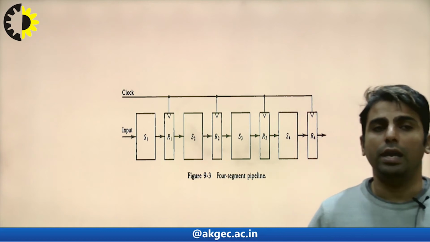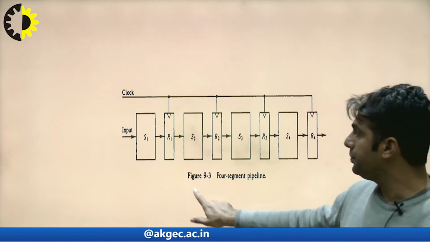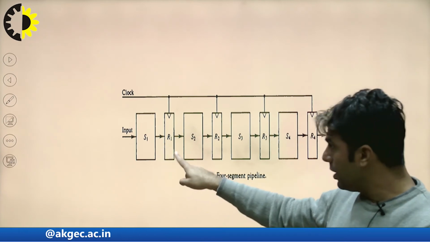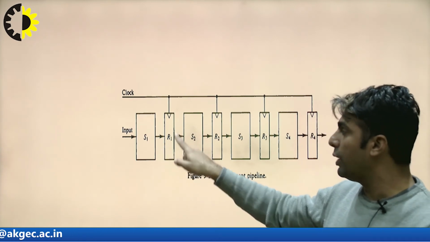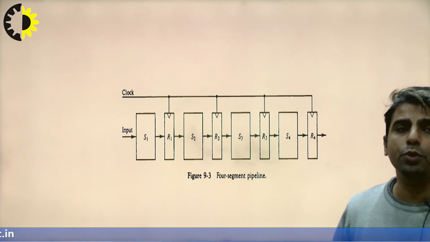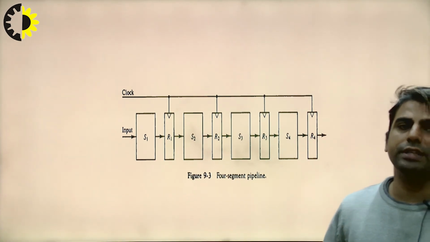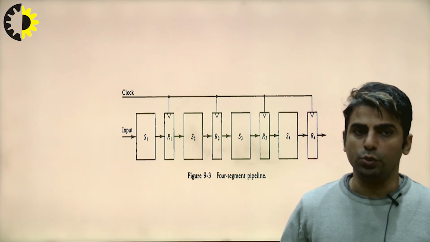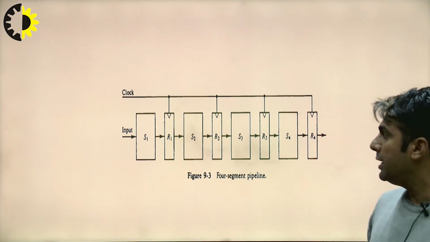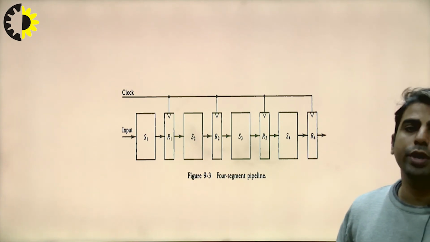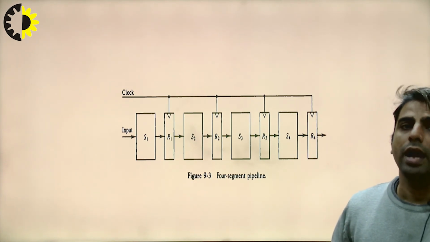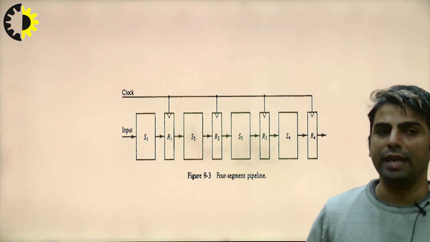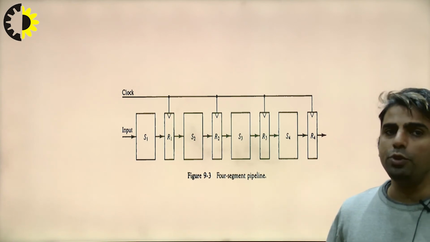Just see that the output from S1 is going as an input to register 1, and through this register the output of segment 1 is going to S2. Similarly the output from S2 is going to R2, and from this register which stores the results from segment S2, it goes as an input to S3.